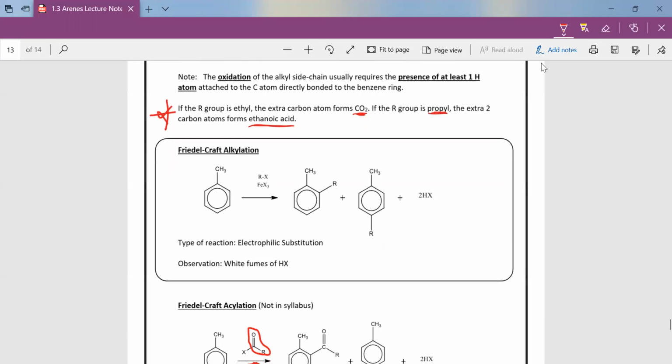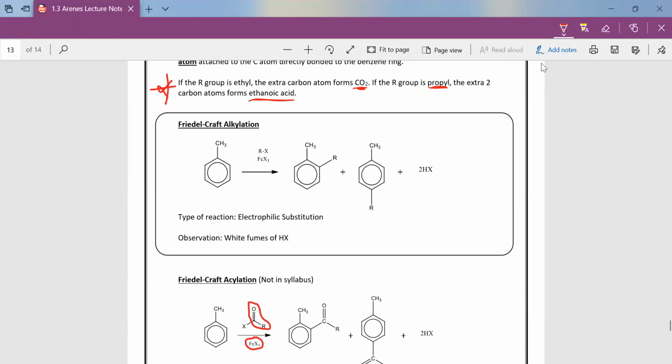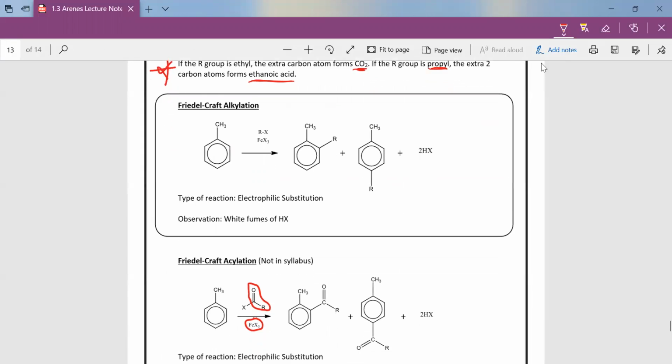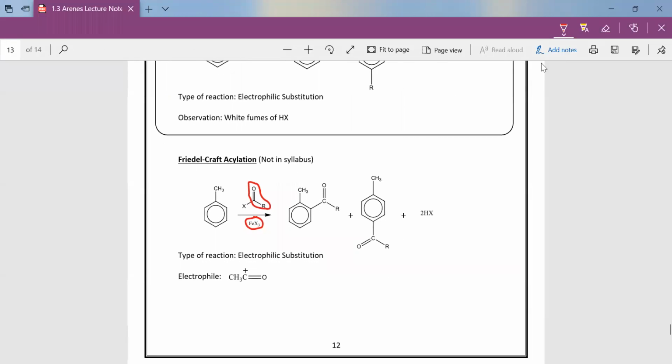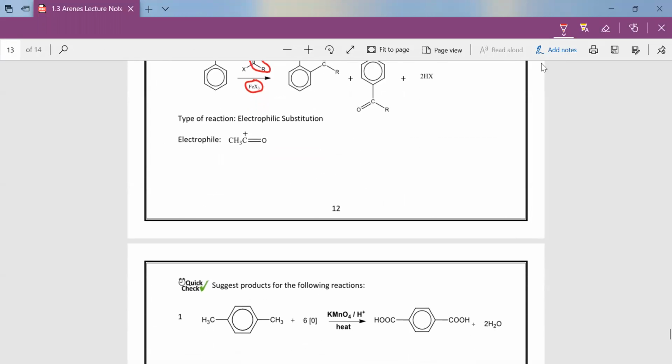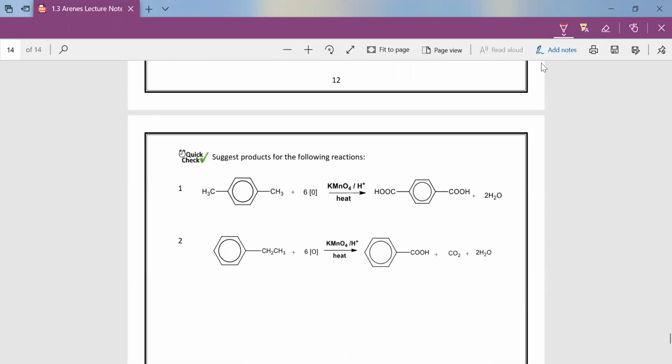Okay. The Friedel-Crafts alkylation is pretty much the same. Acylation, the same. Okay, so this quick check is just to show you how the oxidation works for the side chain on the ring. So if you have 2 carbons, you will get your carbon dioxide.